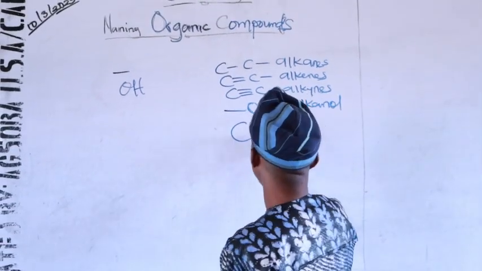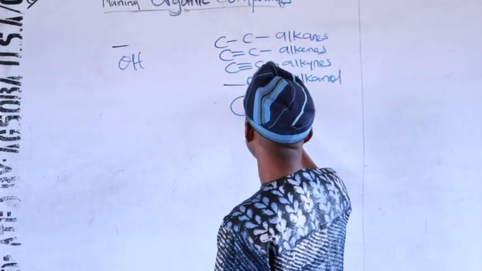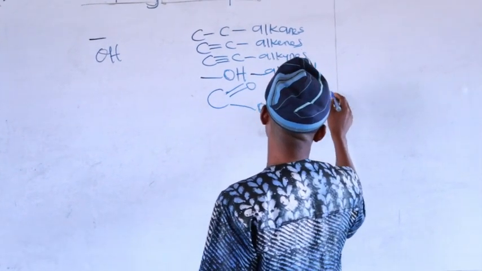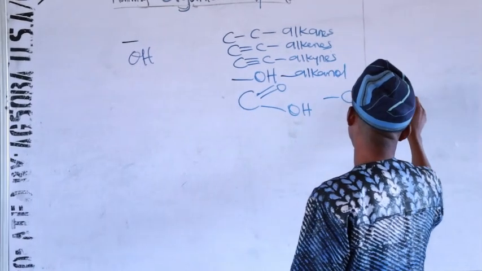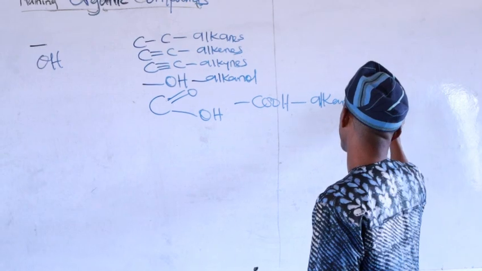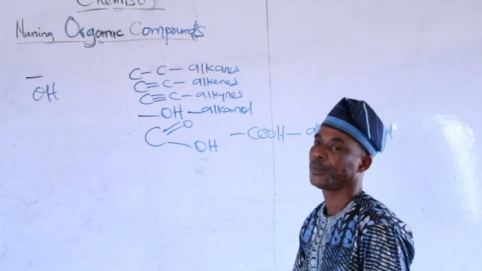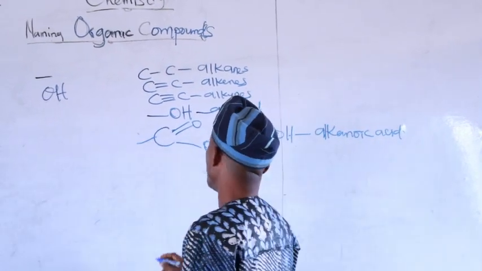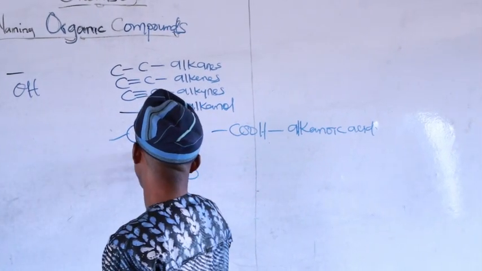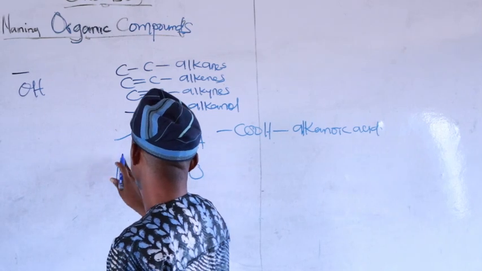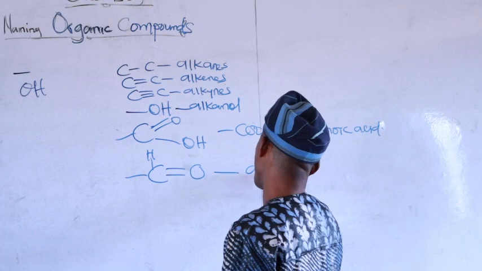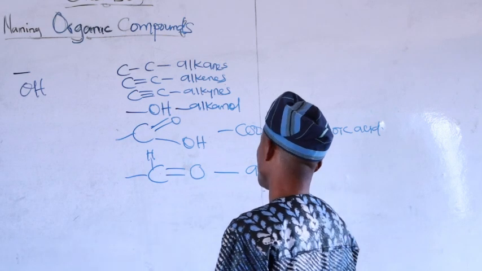So we have a carbon, so now you have this one this way, or it is written as COOH. This is the functional group of alkanoic acid. So if you have the carbonyl group and there is hydrogen attached to it, this is referred to as alkanal.